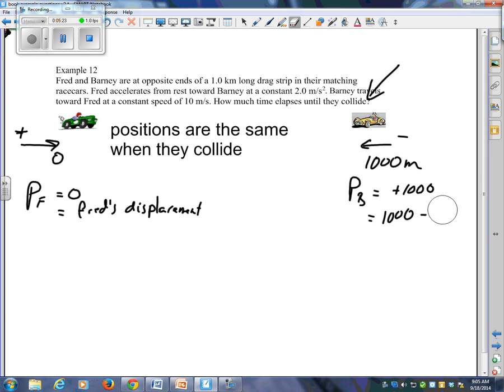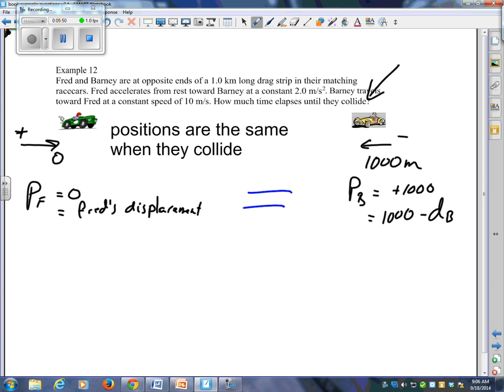Whoopsie. 1,000 minus displacement Barney. Is everybody with me so far? Okay. So we're going to have to make these two things equal to each other to find out when they collide, right? Not in agreement, but you get it.